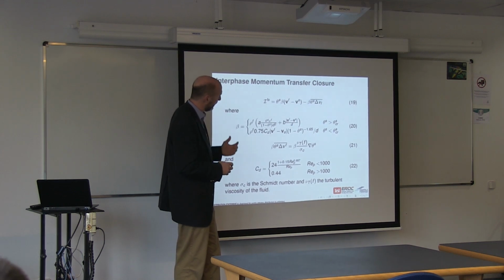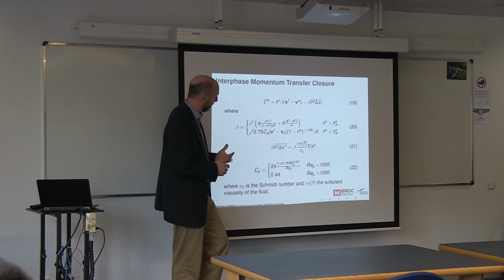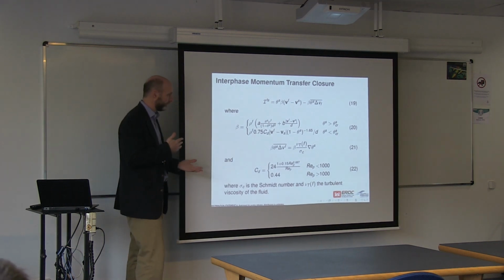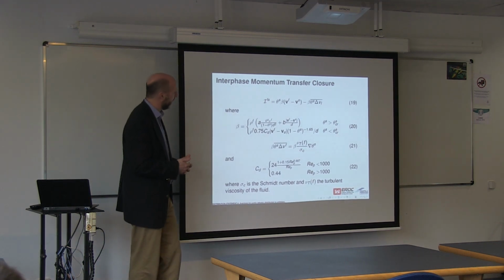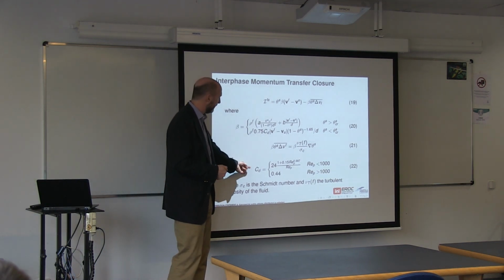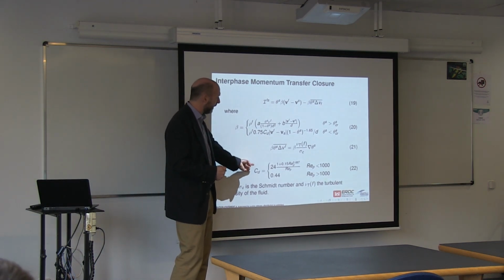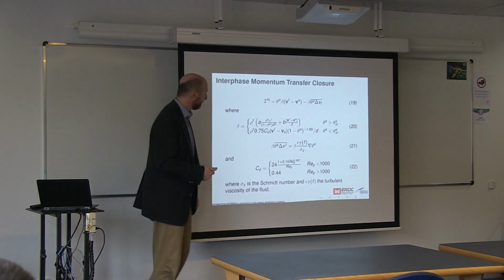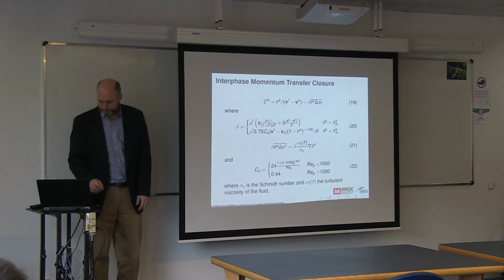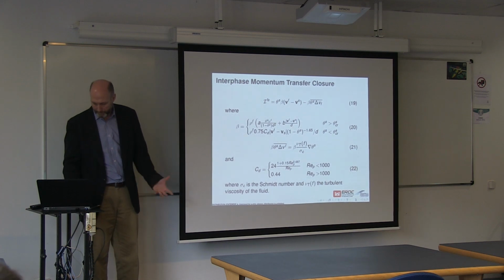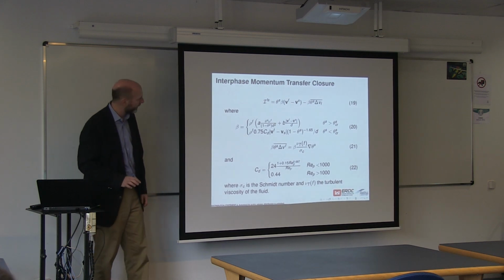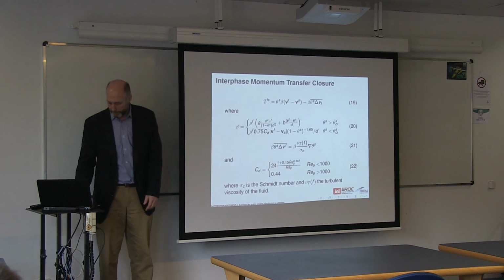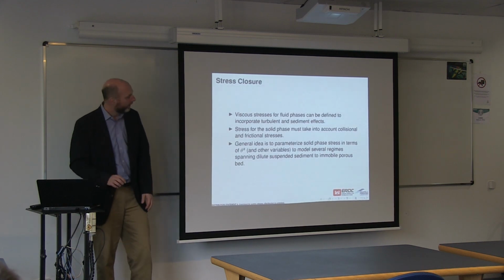And these are more or less pieced together by different researchers who've looked at different regimes. You can see that there's a jump in one of the coefficients as I change the regime that I'm in based on the particle Reynolds number. That's just an example of the complexity of the interface momentum terms.